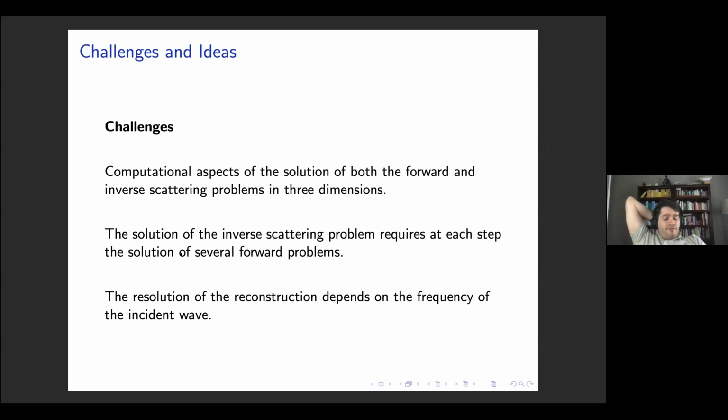If it has high frequency, then you can have some detail, but high frequency also has its setbacks, because it is very computationally expensive to solve a high-frequency problem. Also, we're going to see later that due to the way the functional behaves, your initial guess for the reconstruction has to be very close to the object that you need to reconstruct.